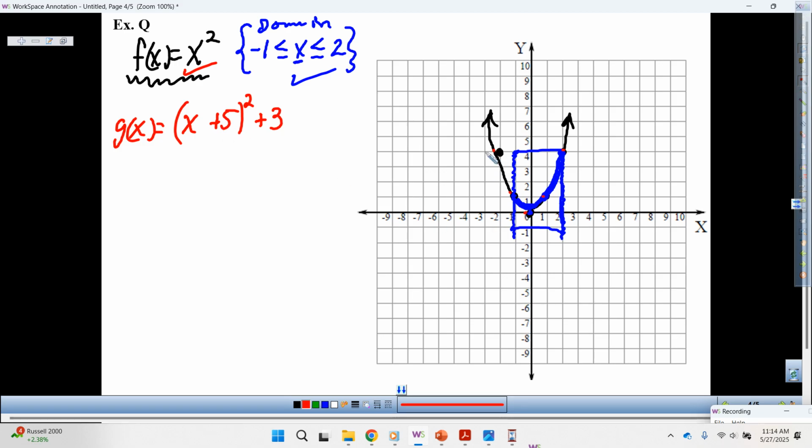So I'm going to start with this one. 1, 2, 3, 4, 5. 1, 2, 3. This one. 1, 2, 3, 4, 5. 1, 2, 3. This one. 1, 2, 3, 4, 5. 1, 2, 3. That one. And that one.